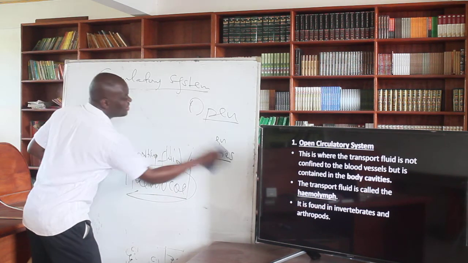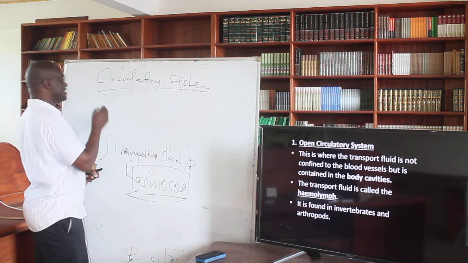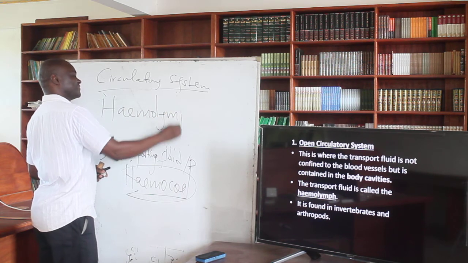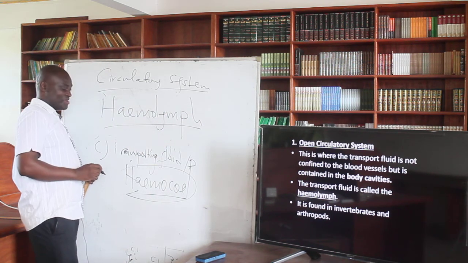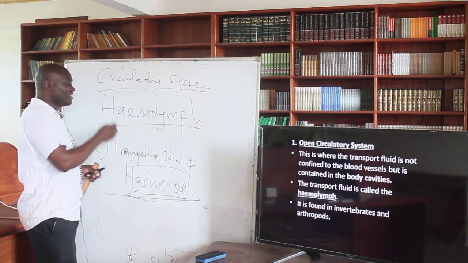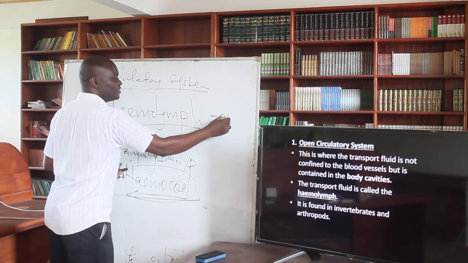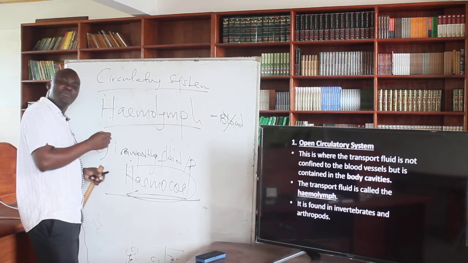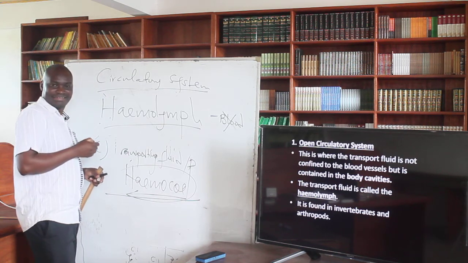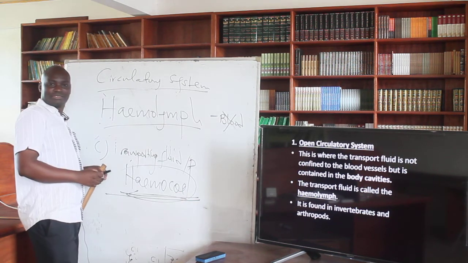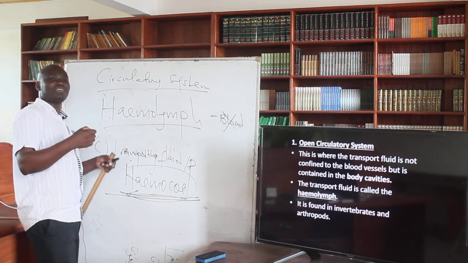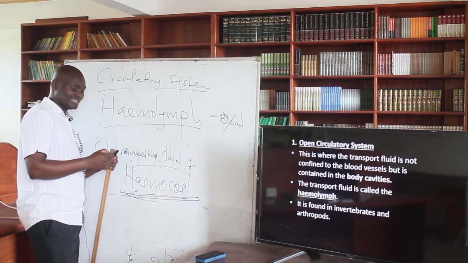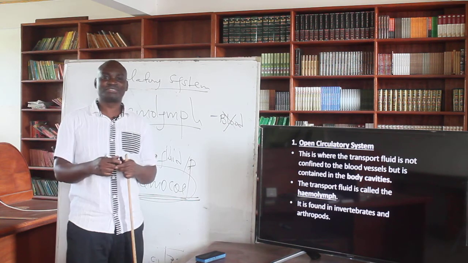So now we are introducing new terms: hemolymph and hemocoel. Instead of blood, they have a fluid called hemolymph, which is contained in the hemocoel. For us humans, we have the blood contained in arteries, veins, capillaries, venules, arterioles.